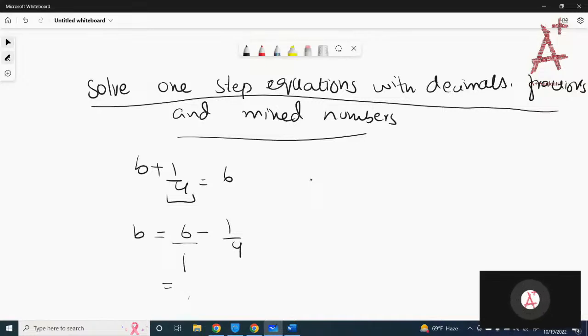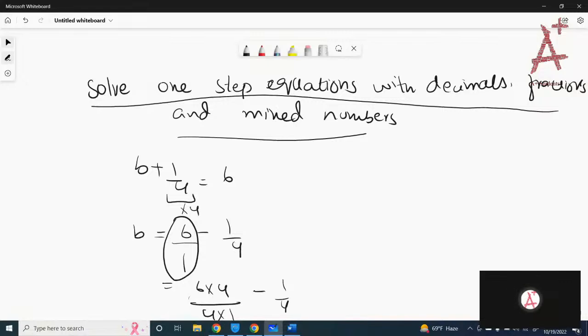So 6 has the denominator 1 and the fraction has the denominator 4. Before you subtract them, you need to make their denominators same.